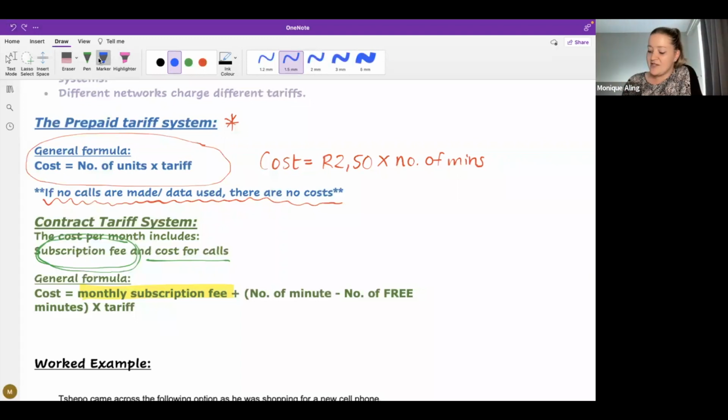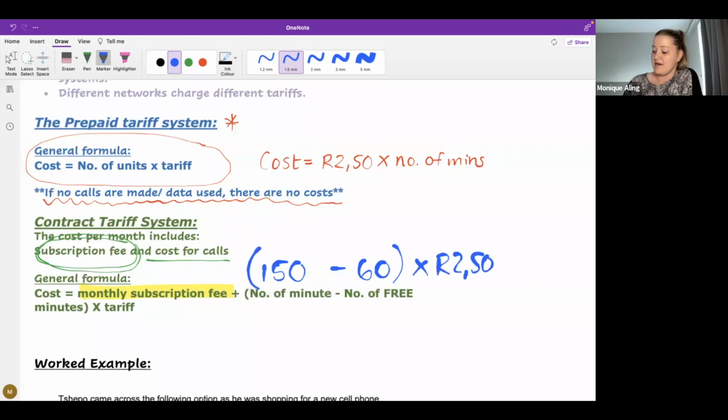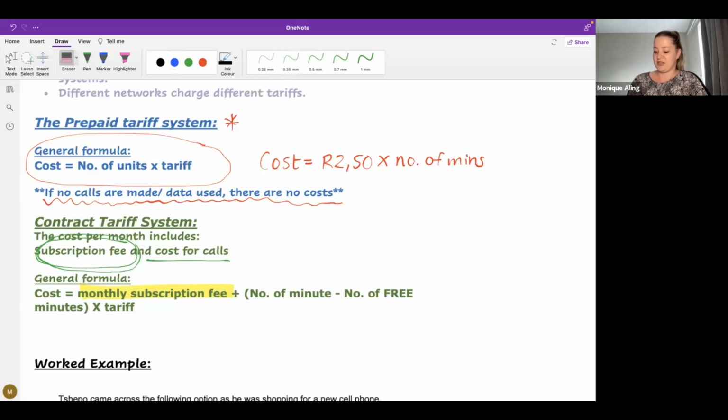Let's say, for example, again, it's R2.50 a minute and we get 60 free minutes in a month. You would take how many minutes you use for your calls, minus your free minutes, which is 60, times the tariff. We minus the free minutes because you don't get charged for them. That's the general kind of formula, but you'll see it being used now in some questions.